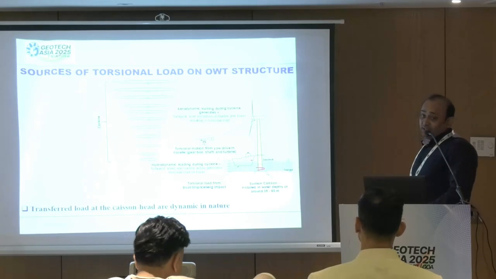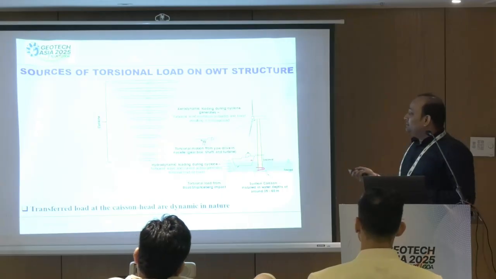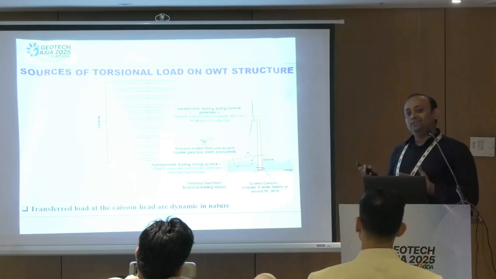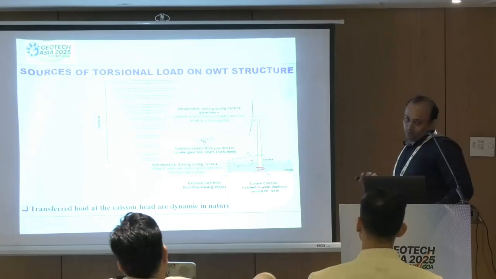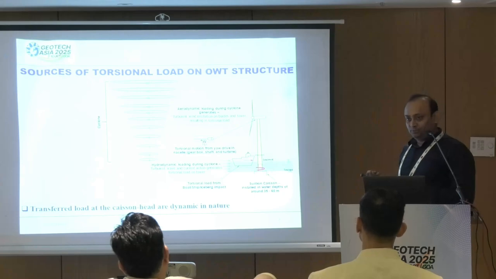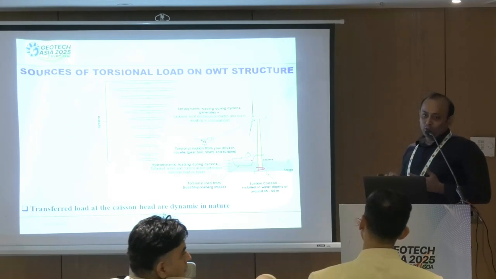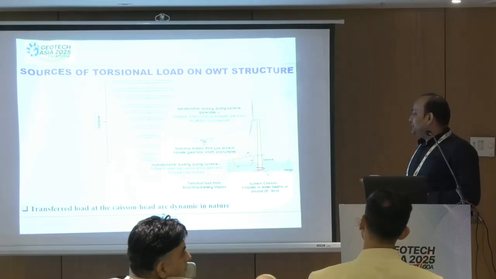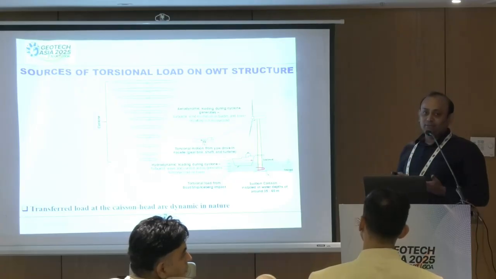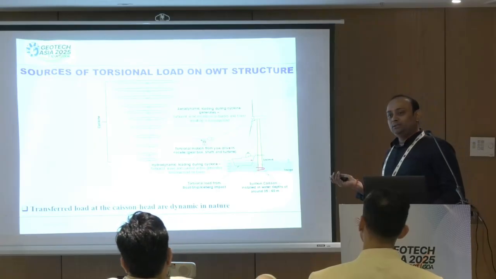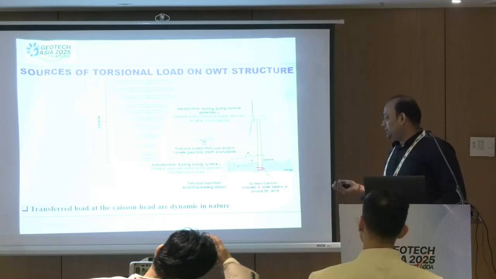Another major event is that these wind turbines are installed in colder areas, like the Baltic Sea and North Sea, where icebergs or ice sheets are frequent, and there could be accidental collisions from boats or passing ships, which can generate torsional loads. All these torsional loads are transferred to the foundation, which has to resist them. The foundation means the caisson and the soil.